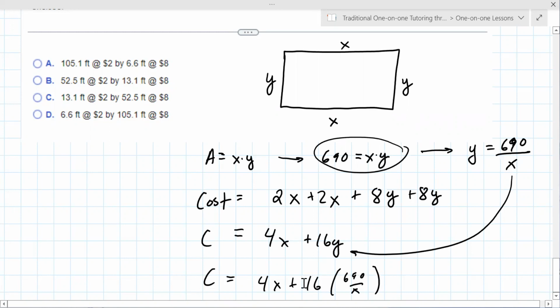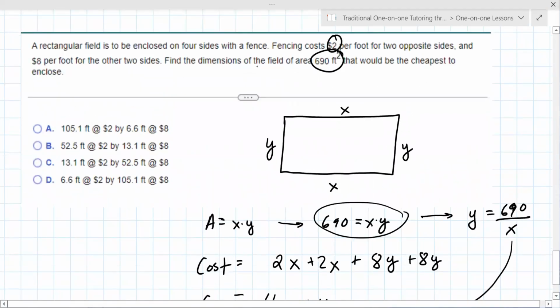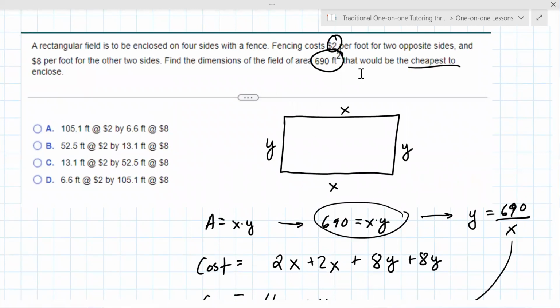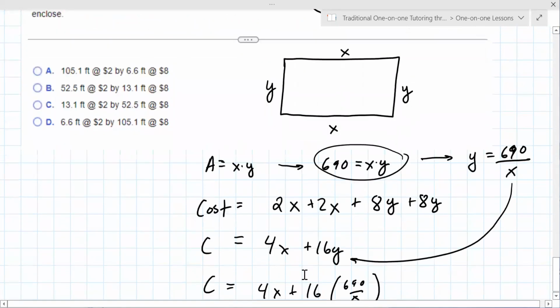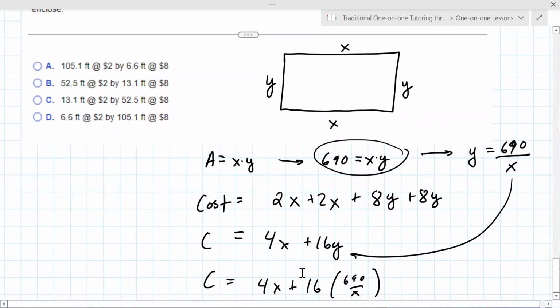So we can graph this and then see where it is minimized because it says cheapest right there. So the idea is you draw a picture, you write the 2 equations, you substitute into the other, and then you graph it to see what it looks like.